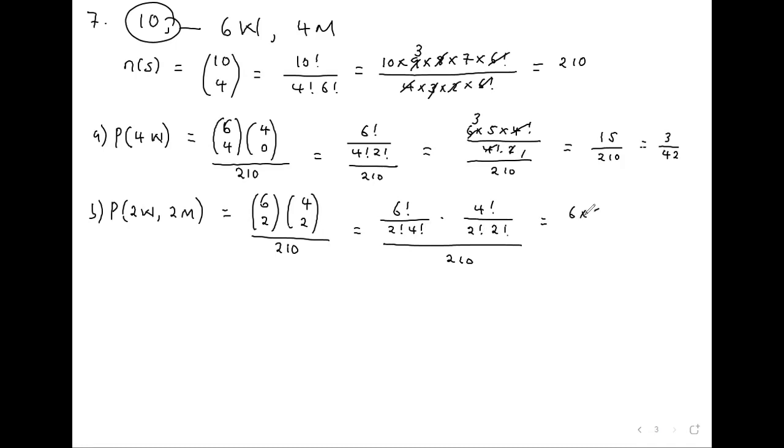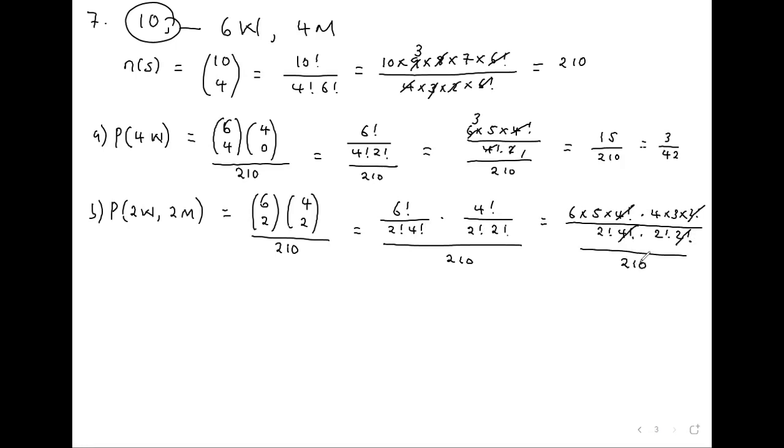So this is 6 by 5 by 4 factorial, multiplied by 4 by 3 by 2 factorial, over 2 factorial 4 factorial by 2 factorial 2 factorial. So this and that will cancel. This and that will cancel.